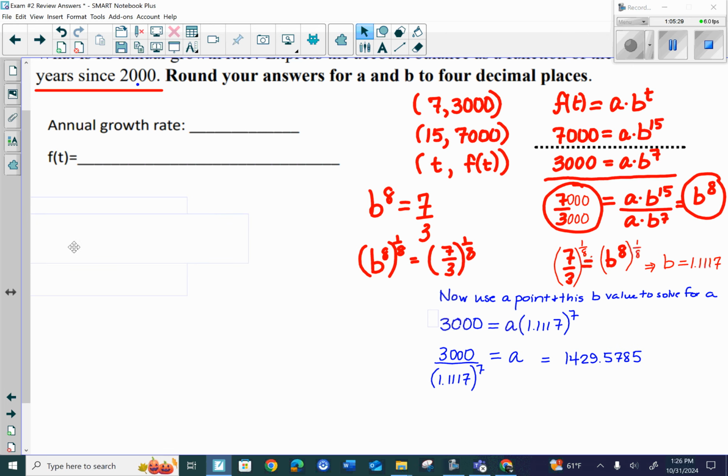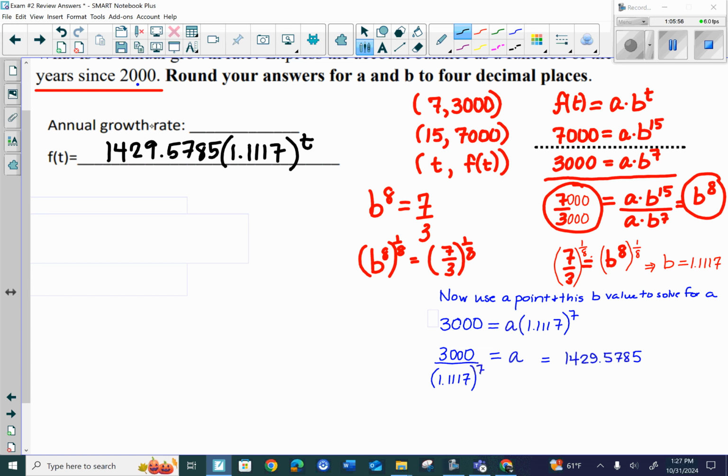A is equal to 1429.5745. So now I have a, times my b value, 1.1117 to the t, with an annual growth rate of 0.1117.